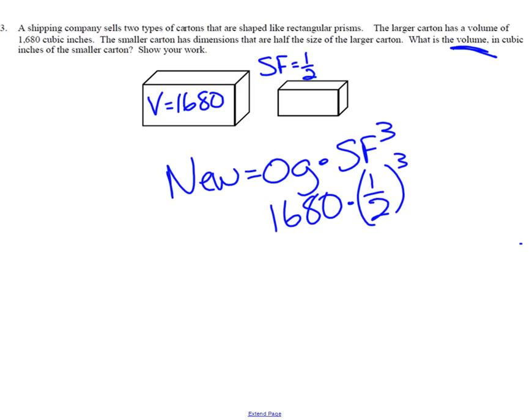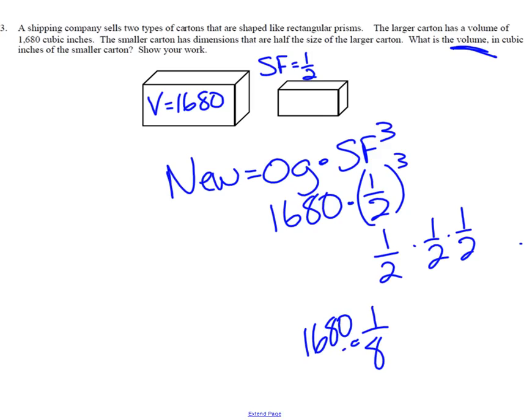So 1/2 times 1/2 times 1/2 is 1/8. So you divide it by 8 then. So this is 1680 times 1/8. Yes, that is 1680 divided by 8.